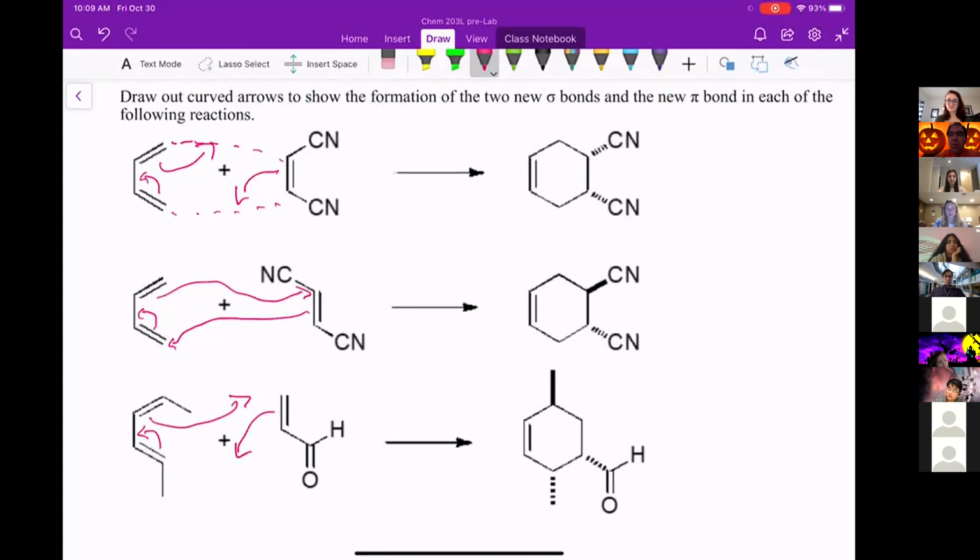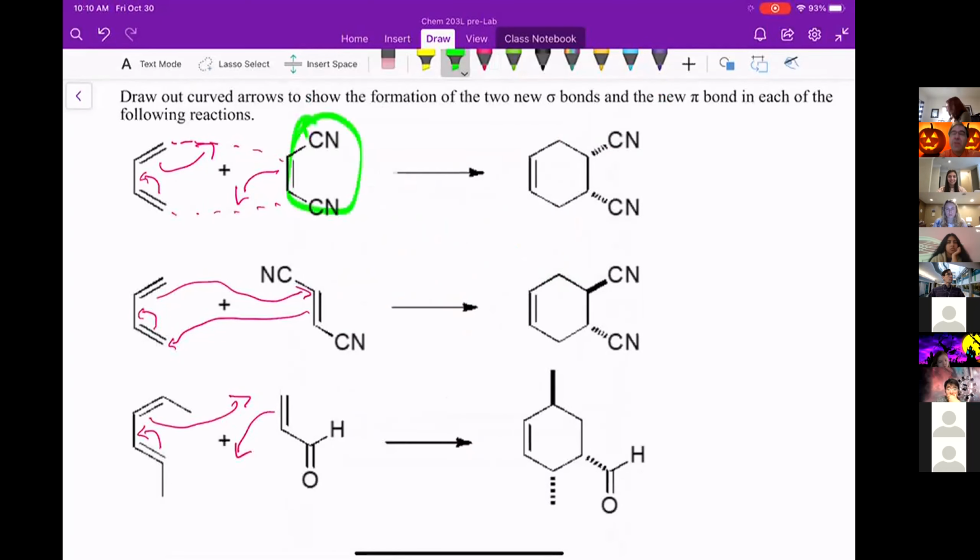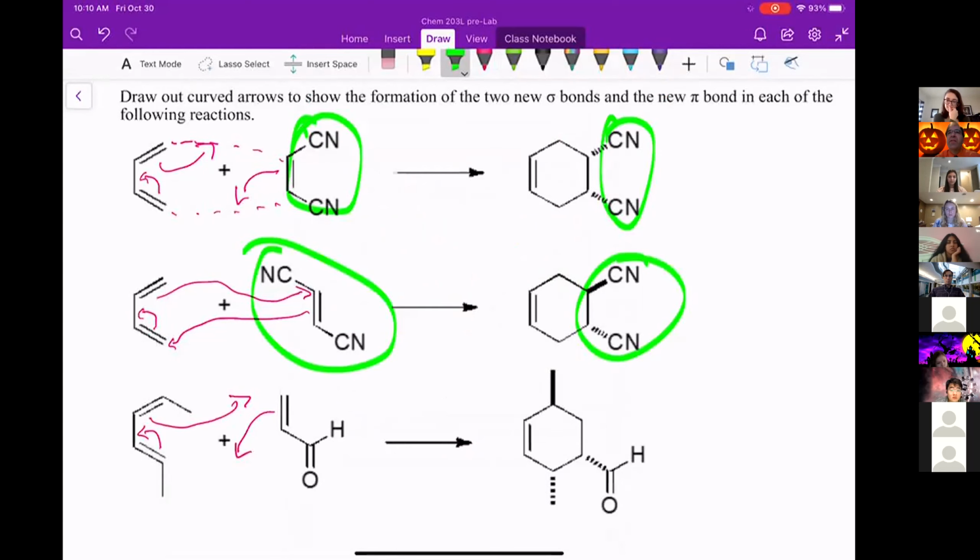So what I want you to look at first, though, is to remind yourself, looking at the stereochemistry of the dienophile, right? That's the double bond here. If we look at this, right, we started out cis, and then when we're done, both those cyanides are on the same side of the molecule. They're still cis. Likewise here, we started with trans, we ended up with trans, because if you think about it, in Diels-Alder, you're really just taking the two pieces and gluing them together.